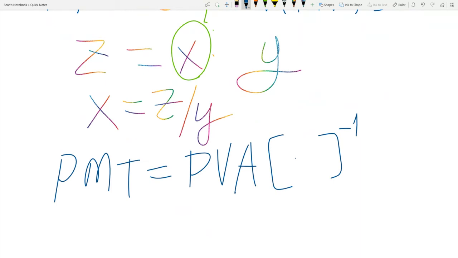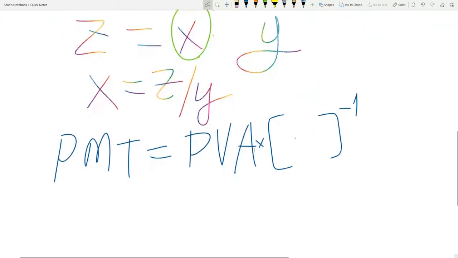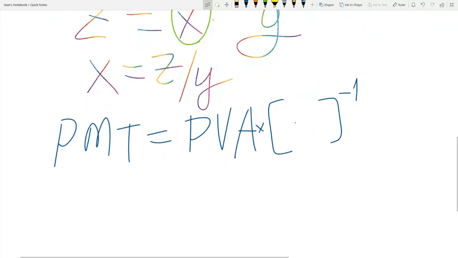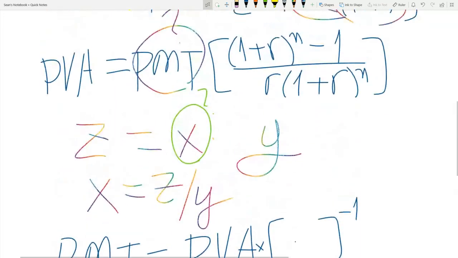And so we multiply the PVA by the reciprocal of the thing in the bracket. Then what is the thing in the bracket? You see it here, right? That's the thing in the bracket.